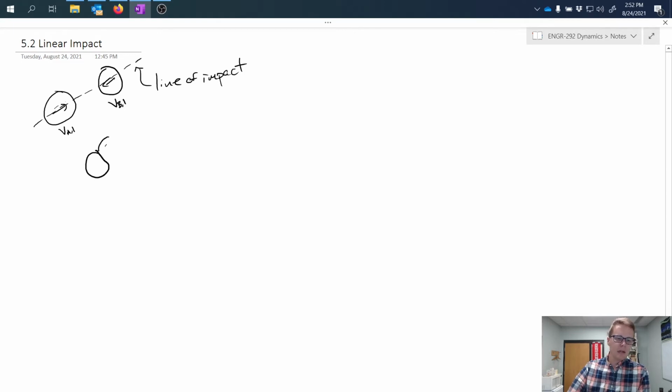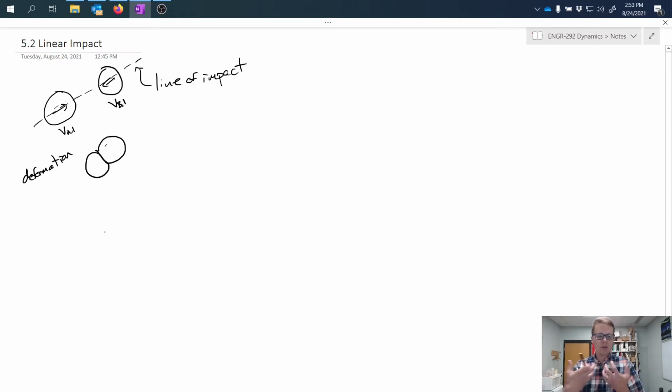And if the balls are sufficiently squishy, we would see the deformation pretty obviously, but even if they're relatively hard, there's going to be some minuscule amount of deformation, and we may just not be able to see that. So during this portion, we're seeing deformation of those two balls once they've made impact.